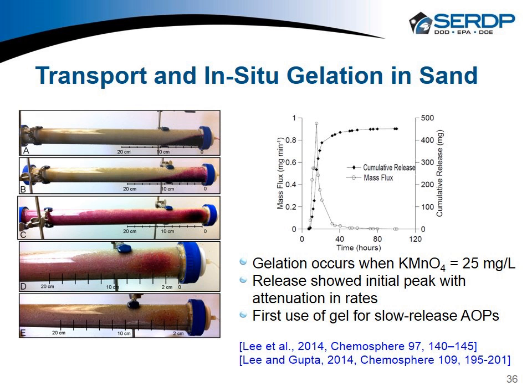If you look at the graph on the right, it shows the release pattern of permanganate from the gel formed in saturated porous media with flow.